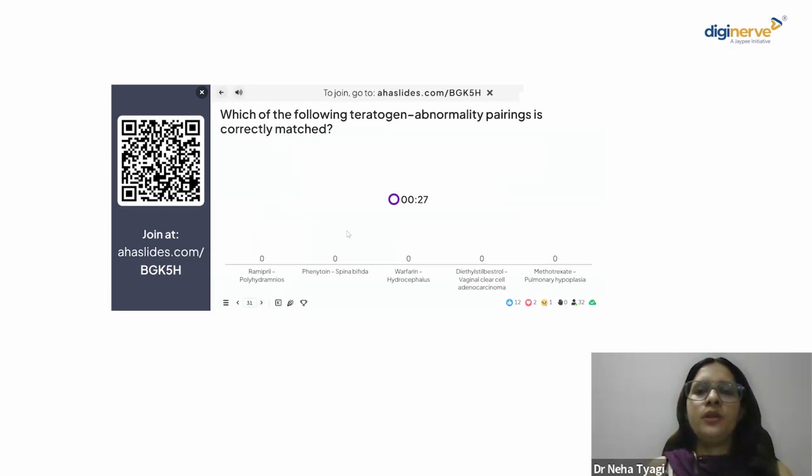Which of the following teratogen abnormality pairings is correctly matched?